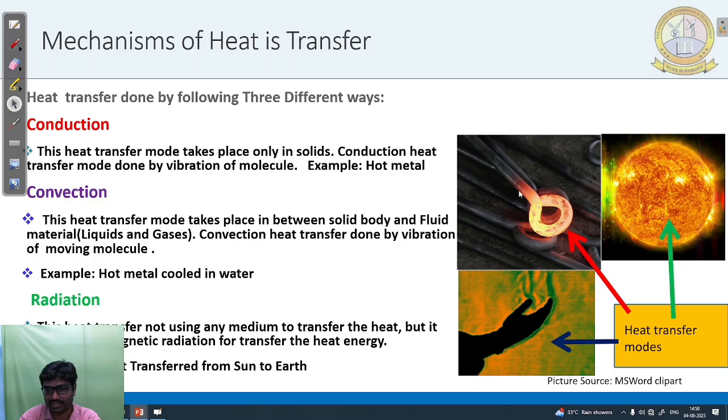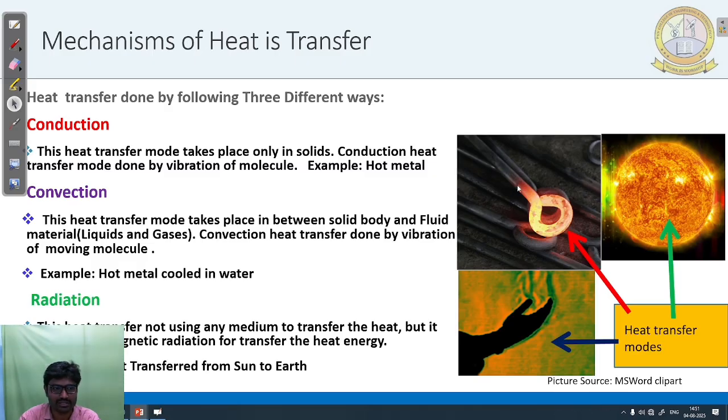Example, hot metal. If you heat one end and hold the other end in your hand, the heat will be transferred from one end to the other quickly through the molecules or atoms, which absorb the heat and vibrate because of the energy they absorb, then pass it to the other molecules, and it goes to the end of the system through the mode of conduction.